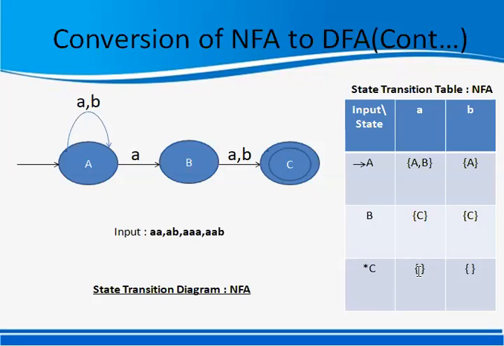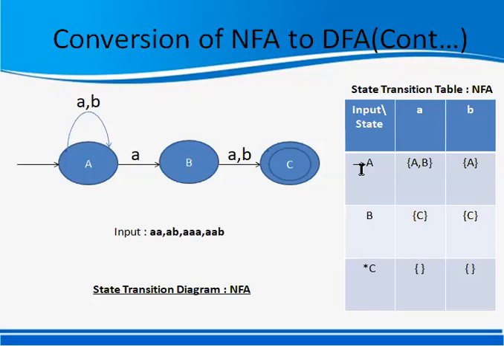So here we have written empty set. Now we will check for the input small b. From state C on input small b, there is no transition available. So again we have written an empty set here.